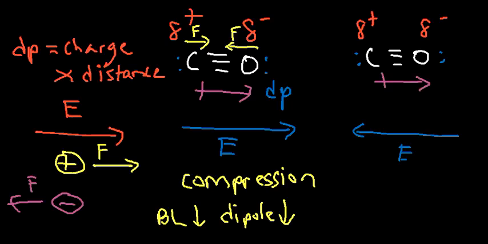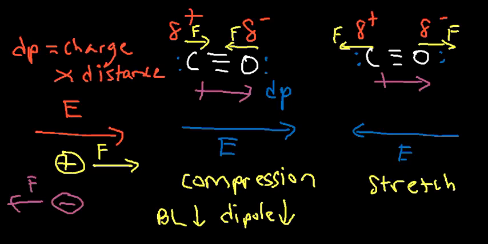The dipole moment is still going towards the oxygen atom. It's the purple arrow. So carbon will feel a force that is directed to the left, in the direction of the electric field, since it has a positive charge. And the negatively charged oxygen atom is going to feel a force that's opposite to the direction of the electric field. And so what happens is the bond stretches.